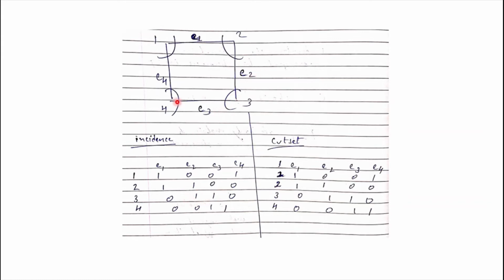For the fourth one it would be E3 and E4. For the cut set, let's assume there's a cut like this, and the third cut is this one, and the fourth cut is this one. The first one cuts E1 and E4, the second one cuts E1 and E2, the next one is E2 and E3, and the fourth one is E3 and E4.